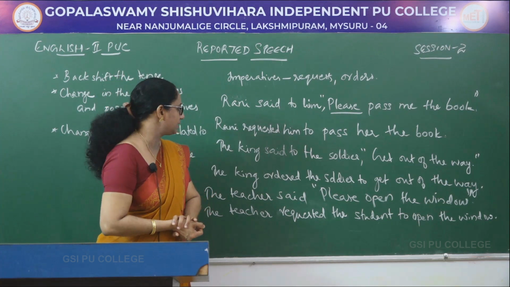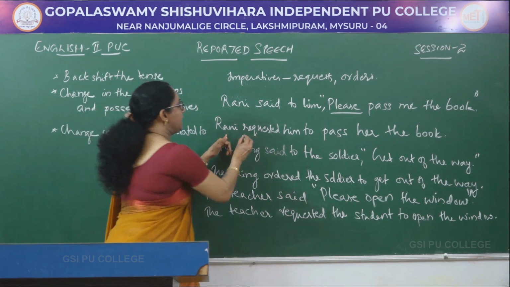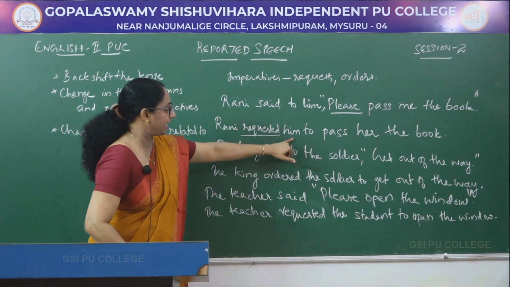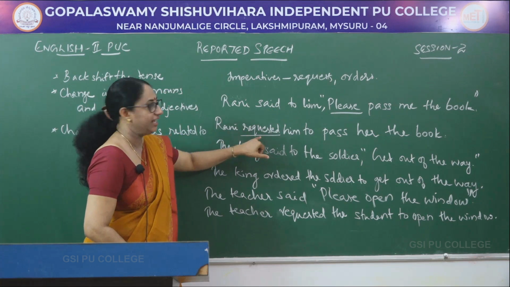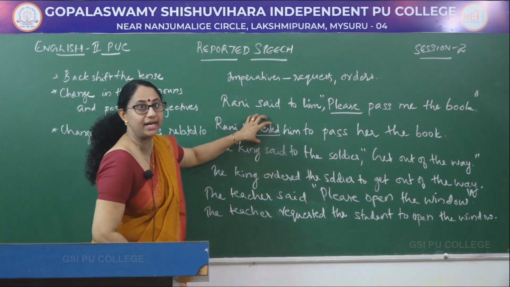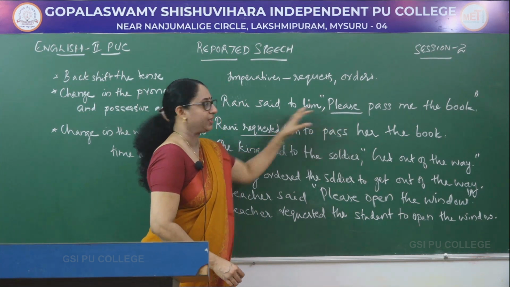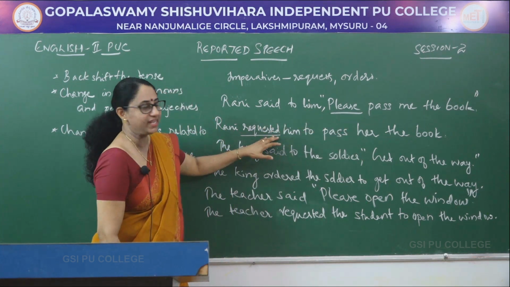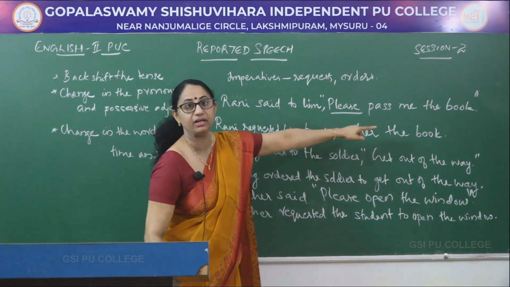of the sentence. So here, Rani requested him. Said to becomes requested. The word requested tells us that it is a request. So Rani requested him to pass her the book.